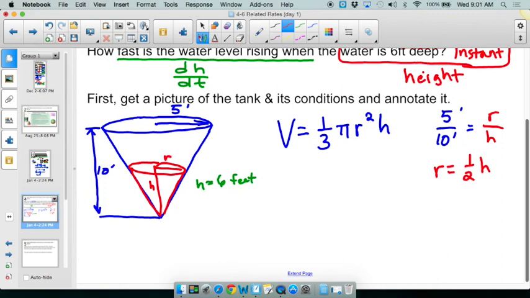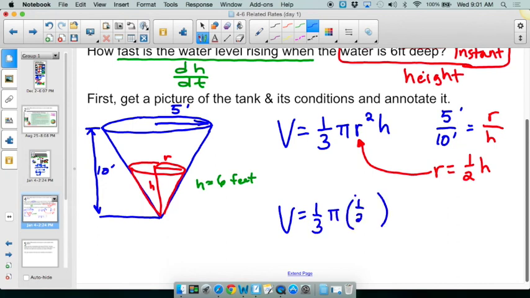Radius is half the height. So we're going to put that in for the radius. Our volume expression now becomes what? And I've got to square that, right? Because this is my radius, and I need a radius squared.